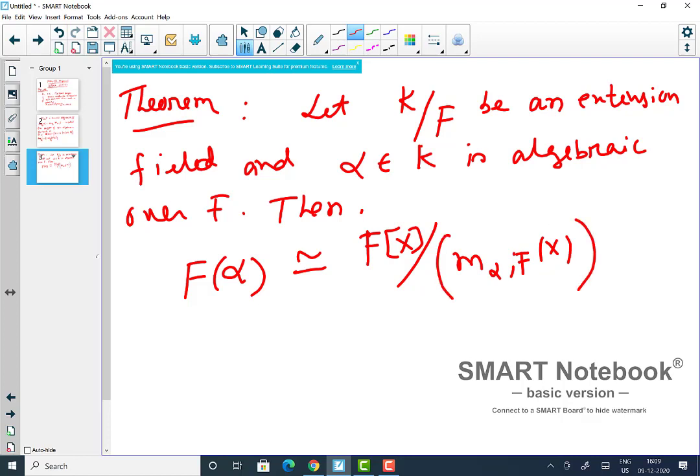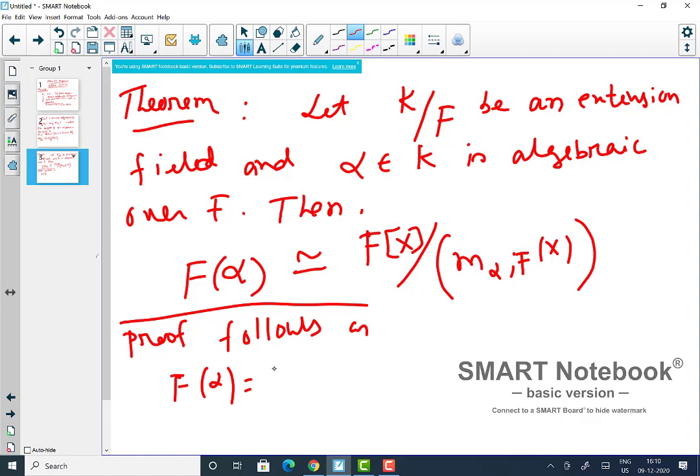Okay, and this is obvious because last day we proved that if alpha is a root of some polynomial p(x) which is irreducible over F, then this holds. The proof follows as we know.